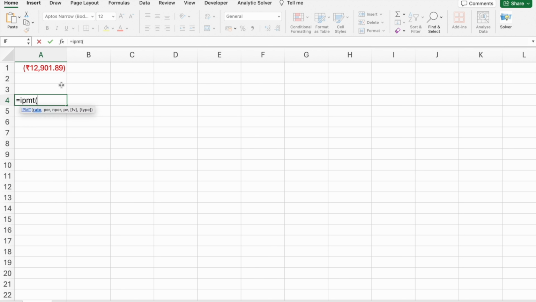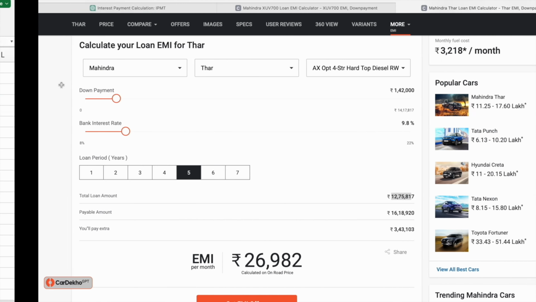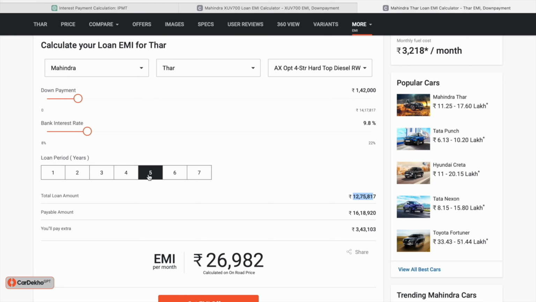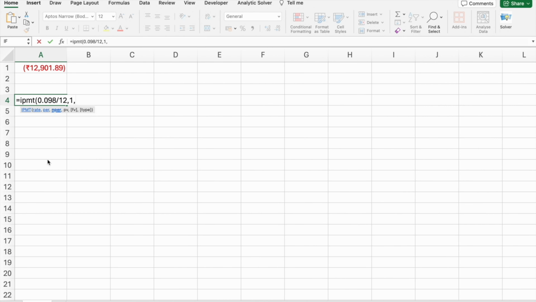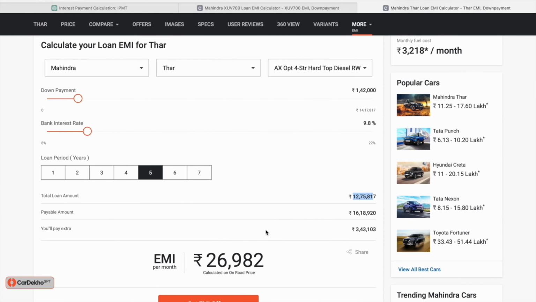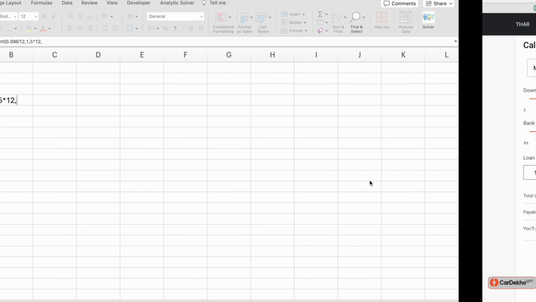IPMT of 0.098 by 12, then for the first month, then the loan period is 5 years, that means 5 into 12 months, then the value here, 12,75,817.